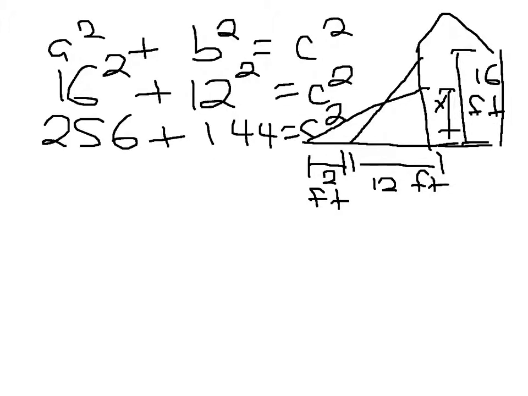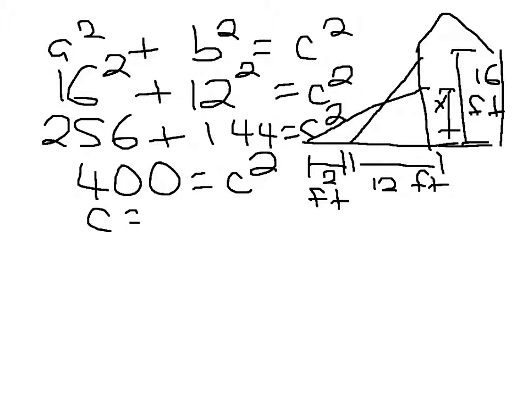And 256 plus 144 equals 400, which equals c squared. And you would square root each side, so c would end up equaling 20. So that means that the ladder is 20 feet long.